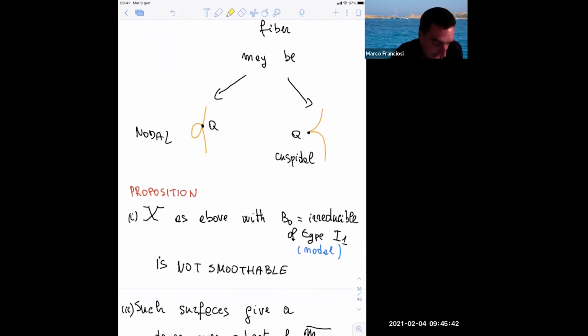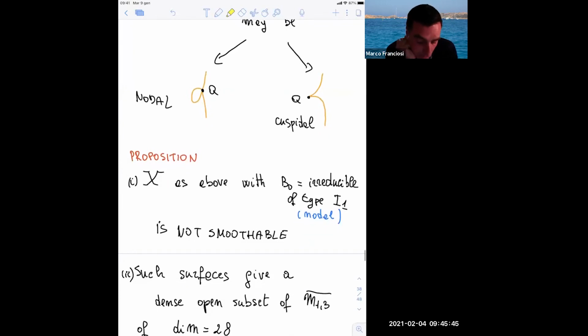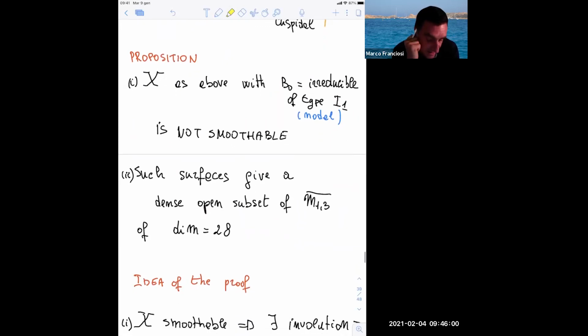If we build X as above with B0 a singular fiber of type I1, which means nodal, then X is not smoothable. Moreover, such surfaces give a dense open set of M13 bar of dimension 28. So we have this new component of the same dimension as the main component of M13 bar.